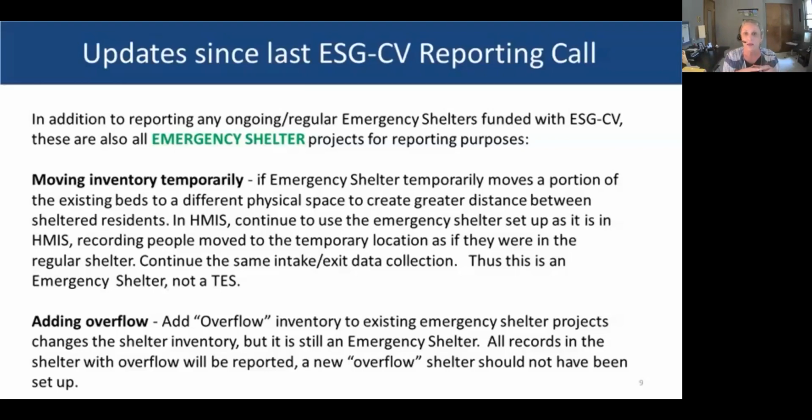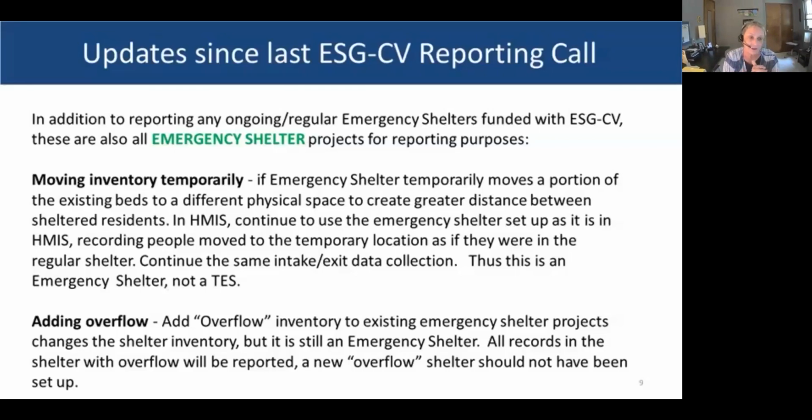We use it at all different times for different capacities, and we gave you right out of the gate the capacity to increase your beds in your regular shelter for this, and just count those as overflow beds. So if you did that, again, that's just a straight up emergency shelter. It's not a temporary shelter. It's just an overflow situation in your existing shelter system.